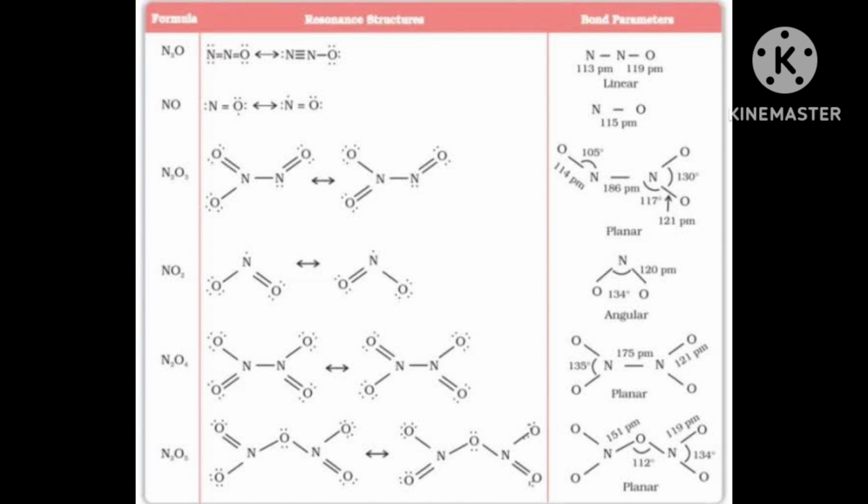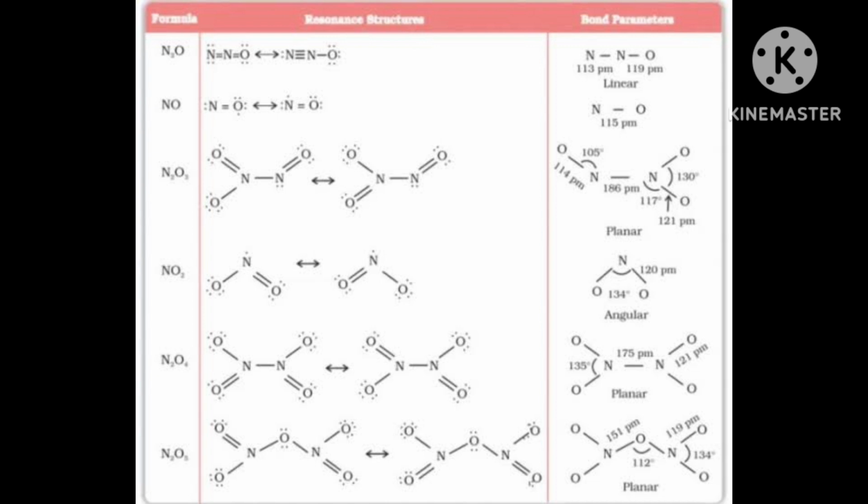Okay, and the middle oxygen has 2 lone pairs, so 4 electrons, and with this middle oxygen NO and 2 electrons. Then 4 plus 2 plus 2, 8 electrons. The same way with the second nitrogen.